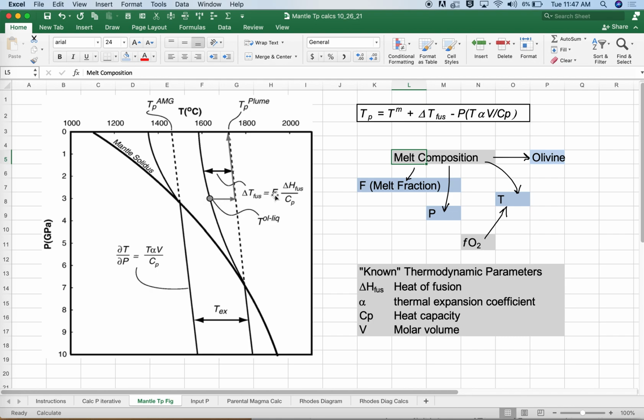We're going to estimate the melt fraction, and from the melt fraction and some known thermodynamic parameters, we're going to correct that melt composition for the heat of fusion. We're going to correct the temperature back up to the solid adiabat, and then we're going to use the solid adiabat, again using other known thermodynamic parameters, to look at how much cooling would happen from our inferred depth to bring it back up to the surface. So it's that little bit of a circuit that gives us this mantle potential temperature here.